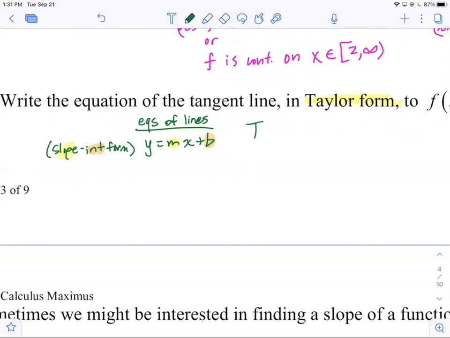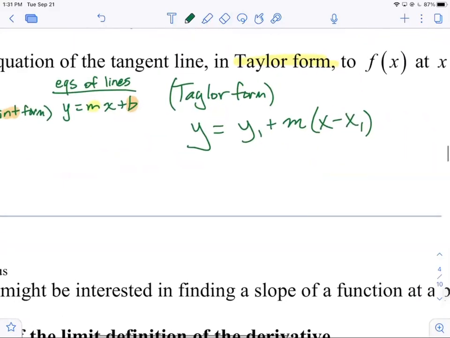We're going to be using Taylor form, named after an English mathematician by the name of Brook Taylor. Here's what it is. It's kind of like point slope form, except it's solved for y. It's y equals the y value, y sub 1, plus the slope times x minus the x value.